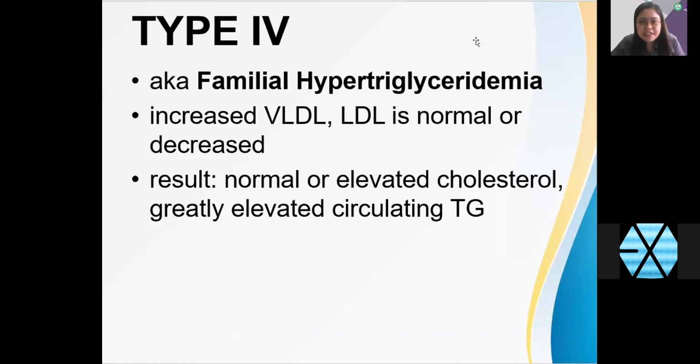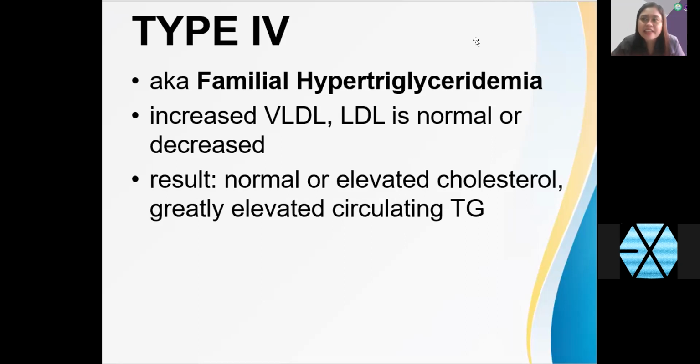Mag-unmute ha. Now we have here the type 4, also known as the familial hypertriglyceridemia. So what is the problem here? There is increased VLDL. Again, the one that is increased here is the VLDL, though the LDL can be normal or decreased.